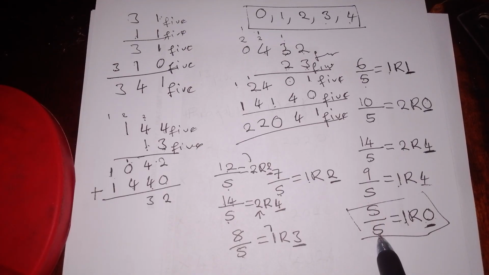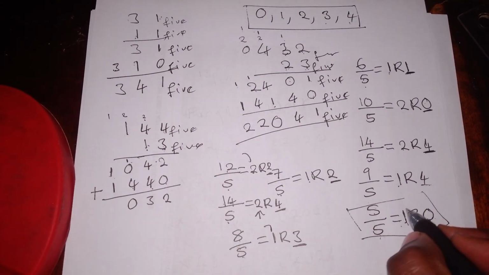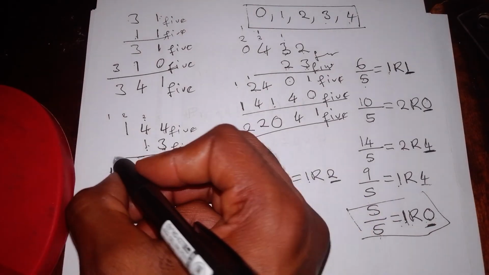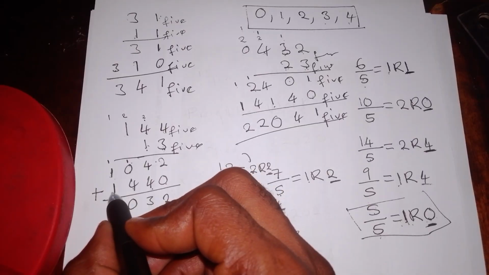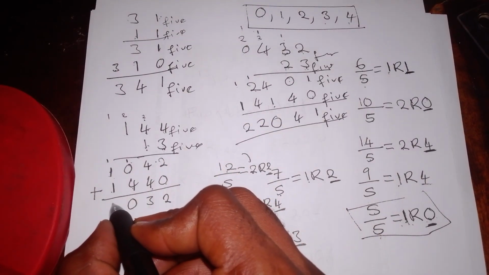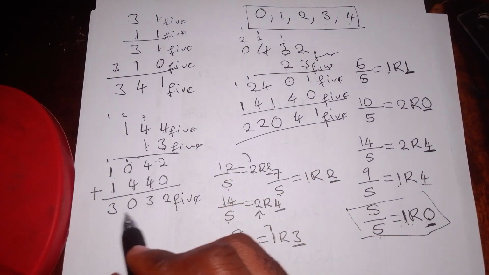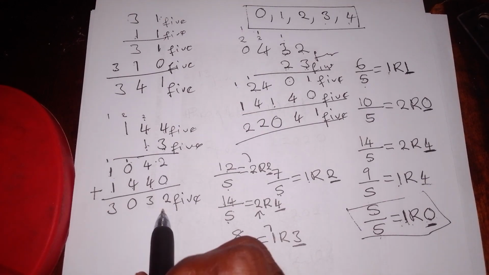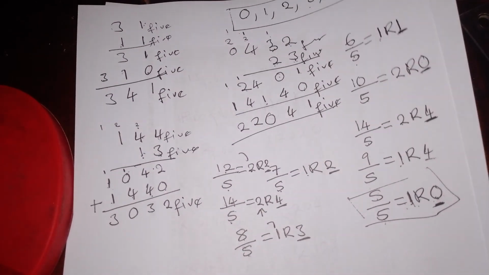So 5 divided by 5 is 1, remainder 0. So you write the remainder down, that's a 0, and then carry the 1 over to the next digit. Then you can say 1 plus 1, that's a 2, plus this one you have just carried over, you have a 3. So that gives you 3032 in base 5.